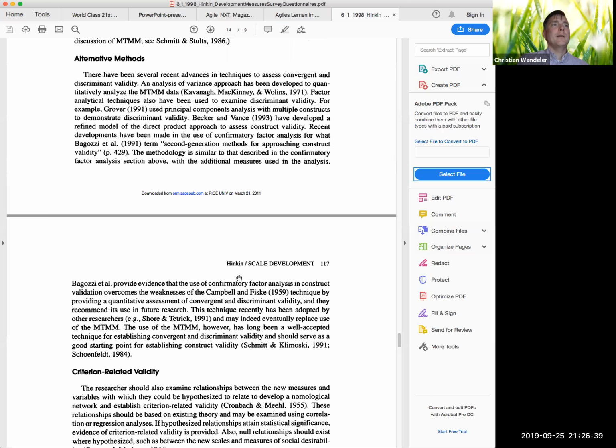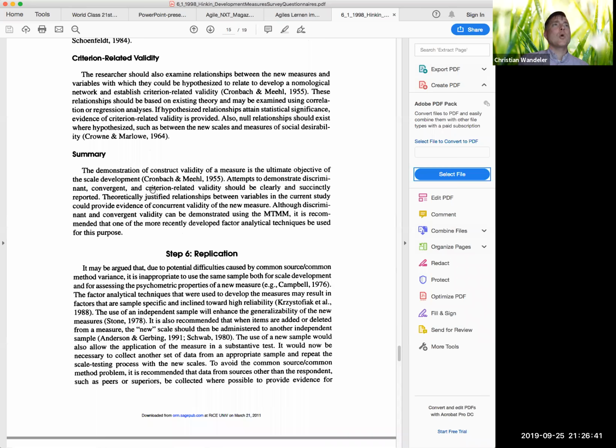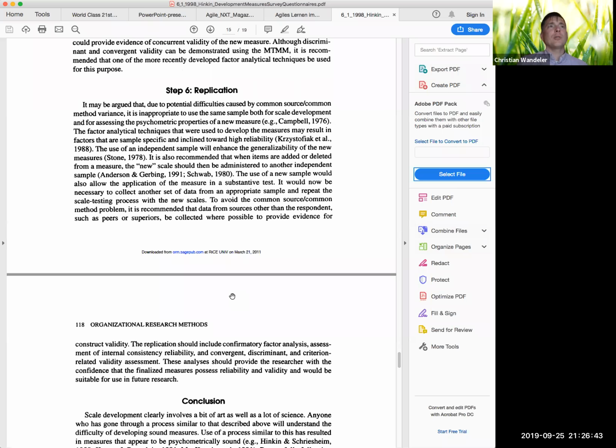And then the last thing is to replicate your study, right? To basically take this survey and now test it with another sample. Test it maybe with a different age group or test it in a different region, right?